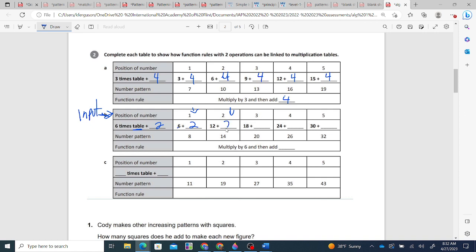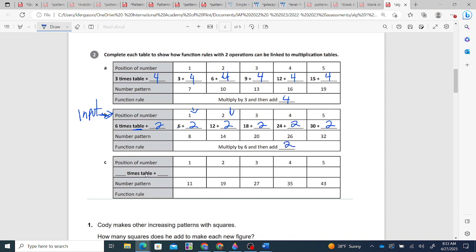It's 2. 3 times 6 is 18. Plus blank is 20. 2. 6 times 4 is 24. 24 plus blank is 26. And then finally, 5 times 6 is 30. 30 plus blank is 32. So then my function rule is multiply by 6 and then add 2.